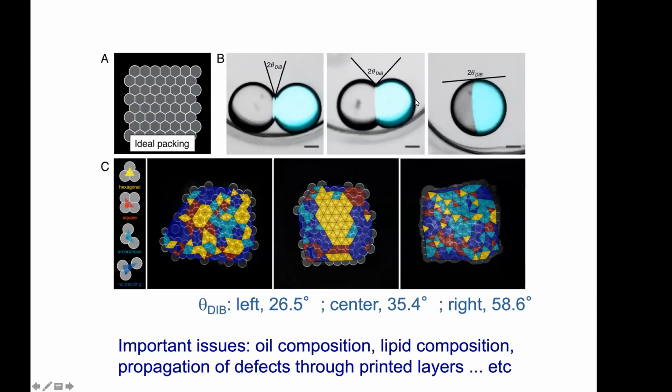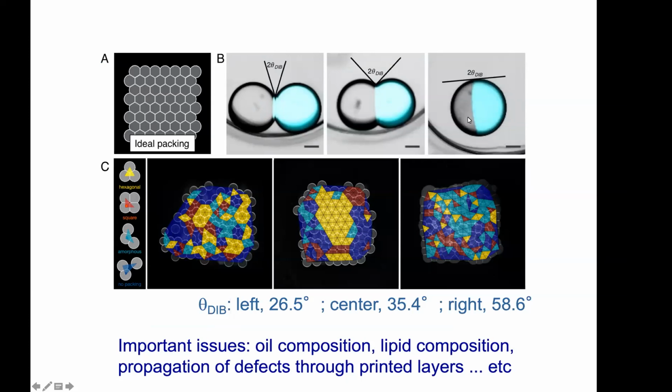And just to show you one example that we published recently to try to improve this printing, if you examine droplet pairs, depending on the lipids that you use or the oil that you use, there will be a different contact angle between these droplet pairs. So these droplet pairs in oil have a lipid bilayer between the two droplets. If the contact angle is very small, when you print in 3 dimensions, you get quite disordered structures, maybe not surprisingly, because these are not packing very well.